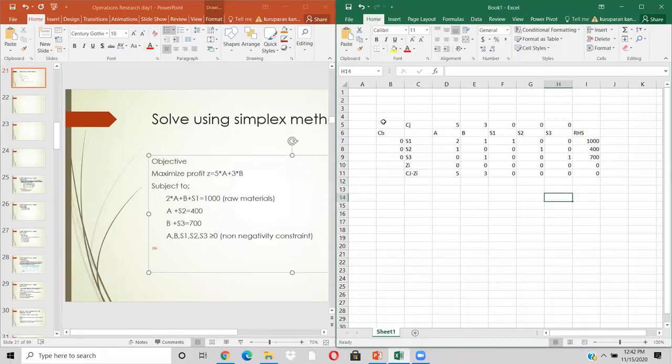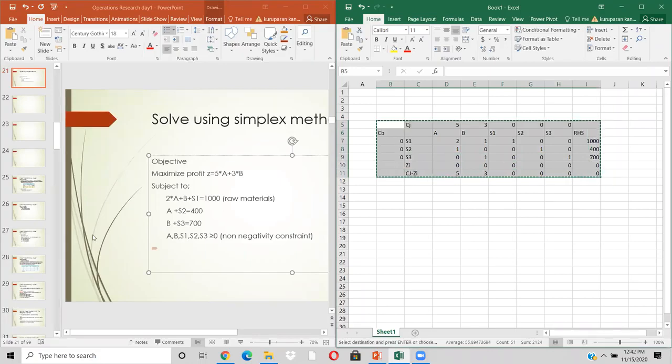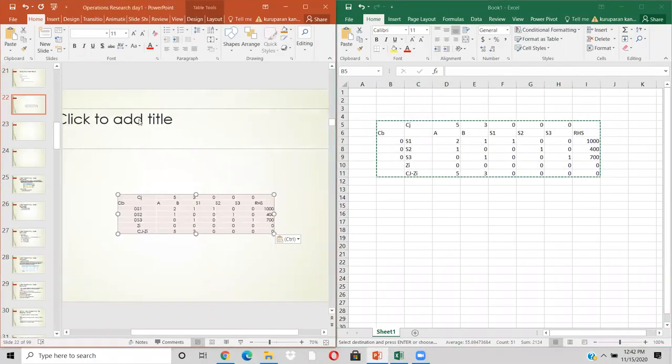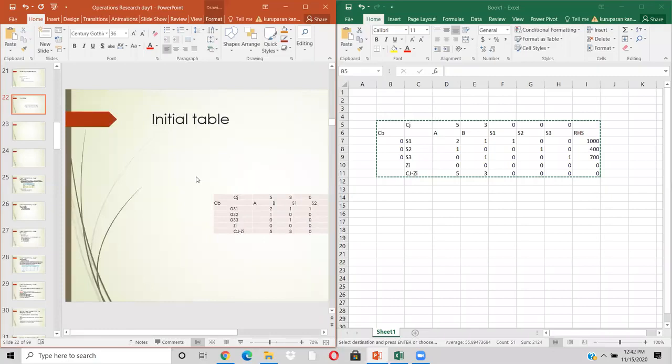This is the initial table of your simplex method. Okay, guys, if you have any doubt regarding the initial table of the simplex method, you can ask.